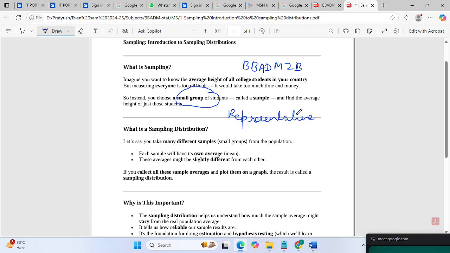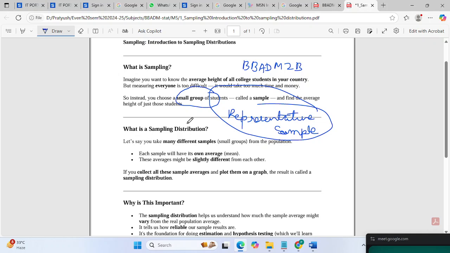What it means is that your class is representing the entire Brainware University. Let's say your class has 18 or 17 students.